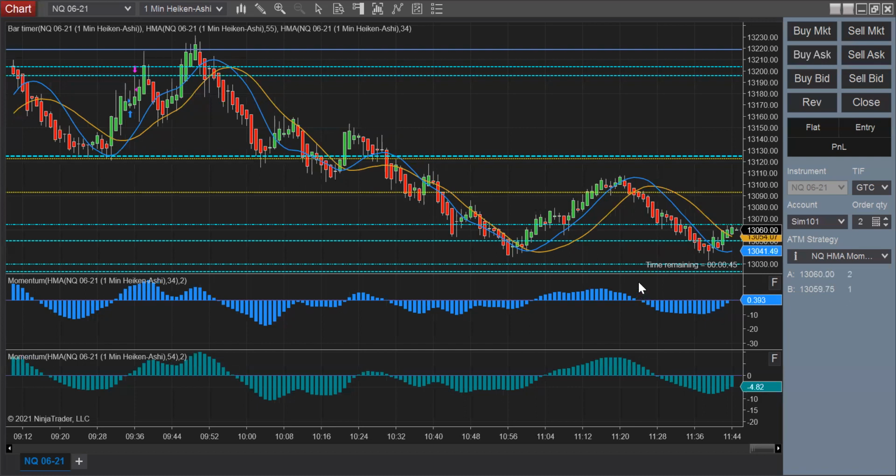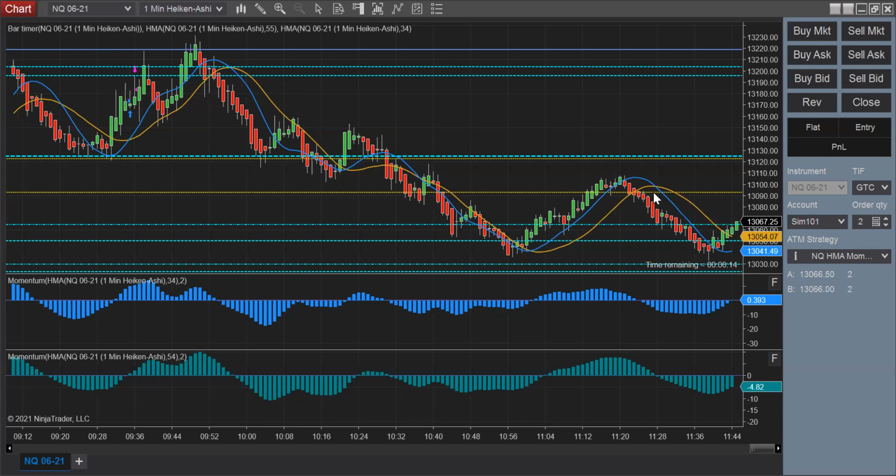The way I trade is when the momentum goes from 0 to below the 0 line, on both the short term and the long term momentum, I enter for the short sale. I sell the 2 contracts, and when the momentum goes above, then I buy.